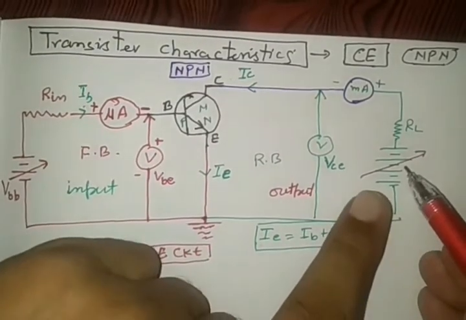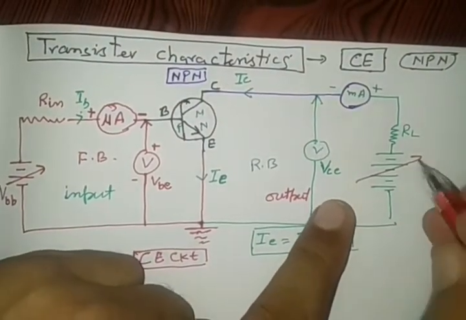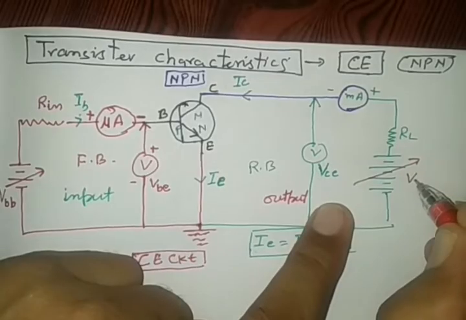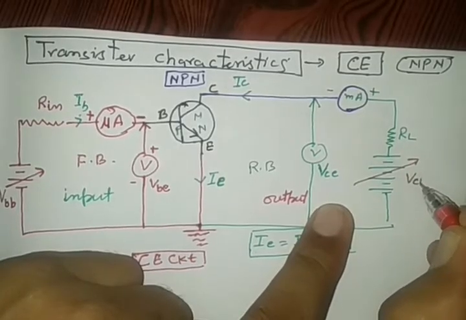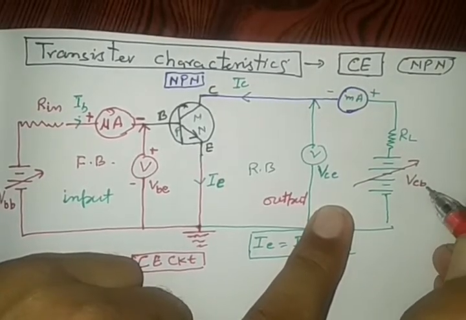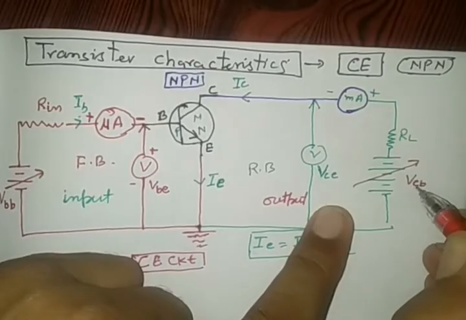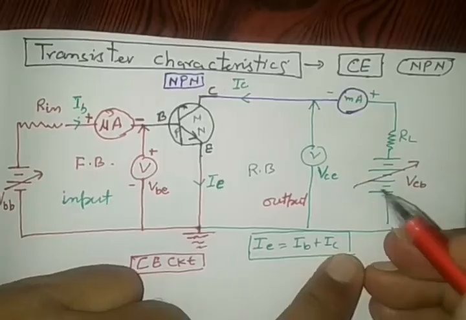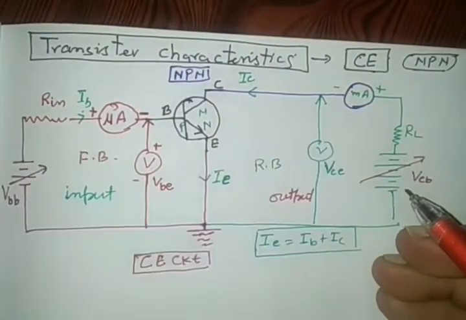Then by changing the voltage of this battery, known as the collector battery, VCB, the voltage between both changes. VC changes, and as a result, the current increases.